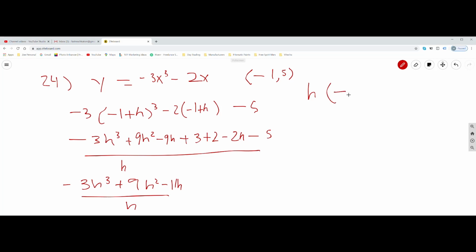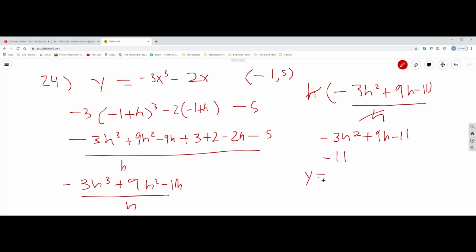The h's cancel and you're left with negative 3h squared plus 9h minus 11. When you substitute h as 0, you're just left with negative 11. So we find the equation y equals negative 11x plus b.